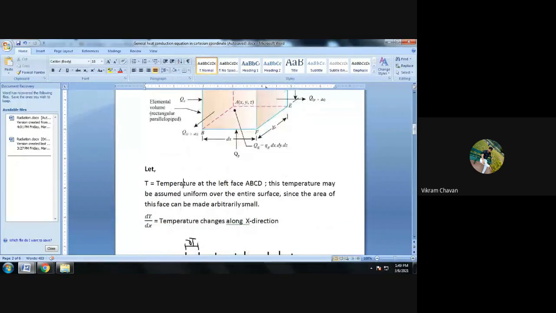Let T is equal to temperature at the left face ABCD.